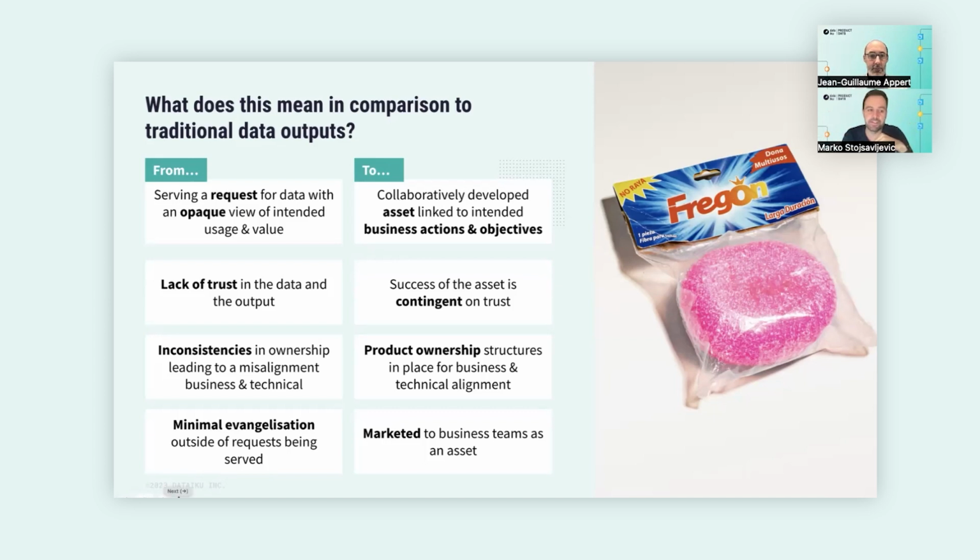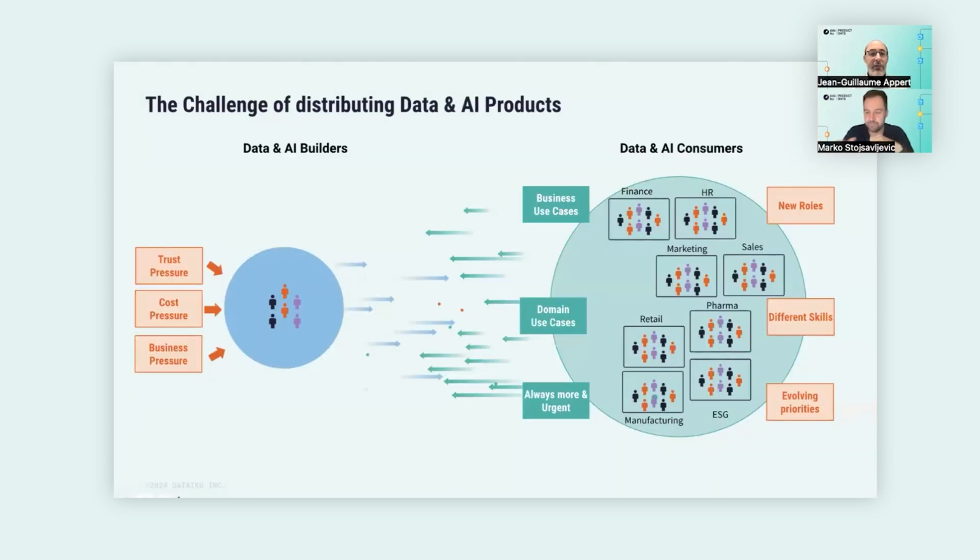Jean-Guillaume, you want to talk about some of the challenges? Yeah, if we put those challenges into the ecosystem of a company, what we generally identify is that you have a small team of data and AI builders. And one of the things to take into account is that data product also considers AI part of it. It's also an asset that you get out of it.